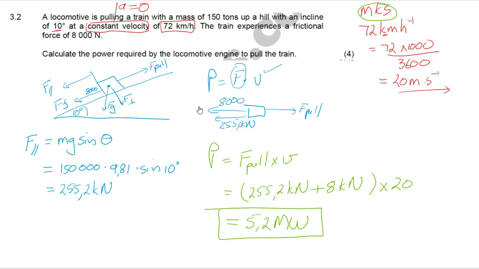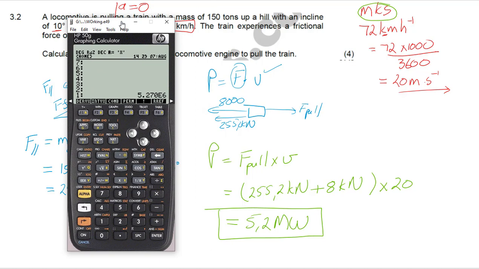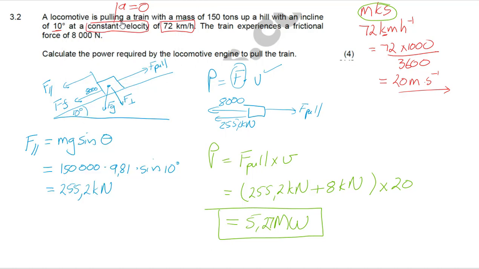There we go. So the power required by the locomotive is 5.27 megawatt. Okay, I think that's it. Go through the questions, please, work through it. This is an interesting question. Remember, always convert all your units to MKS: meter, kilogram, second.